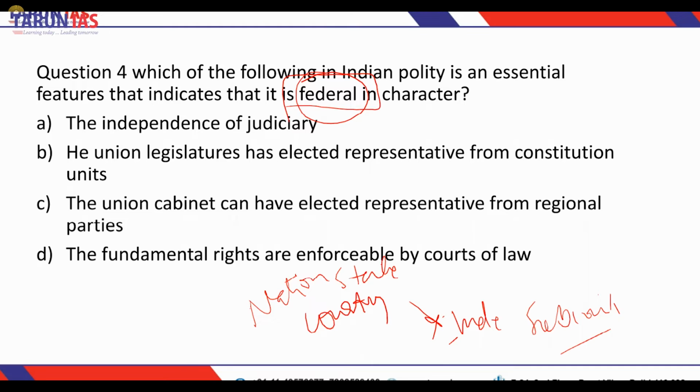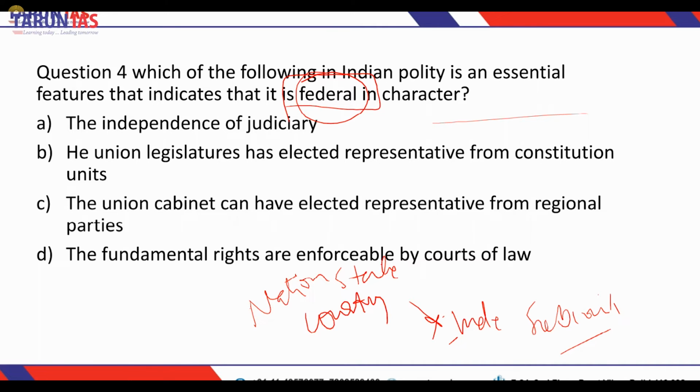In the case of India, the states derive their power directly from the constitution, and they are not under any subordination of the center or the union government. So federal character means that the units of governance have their power separated.